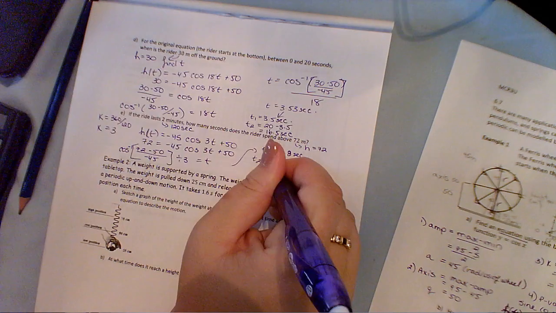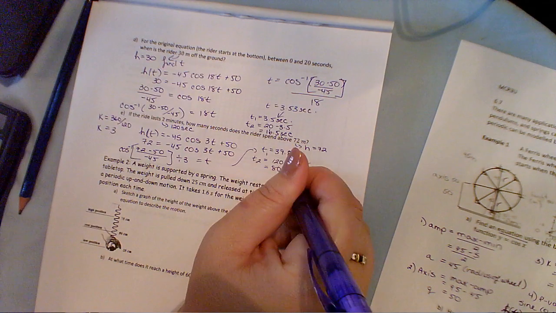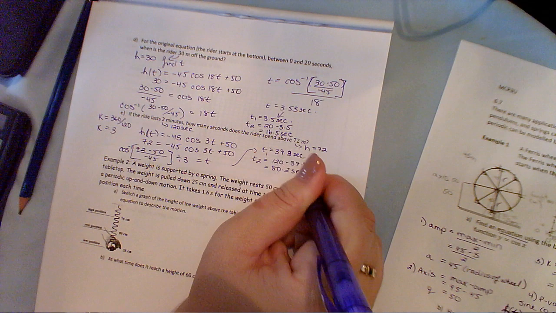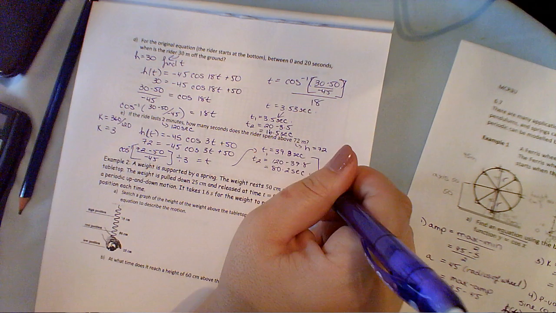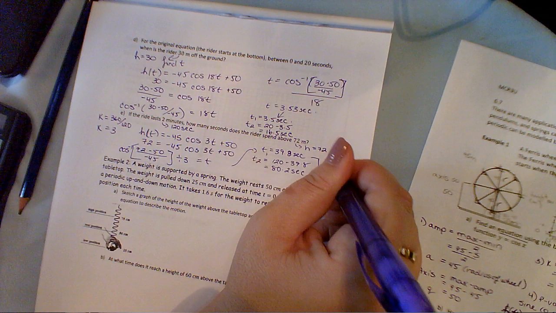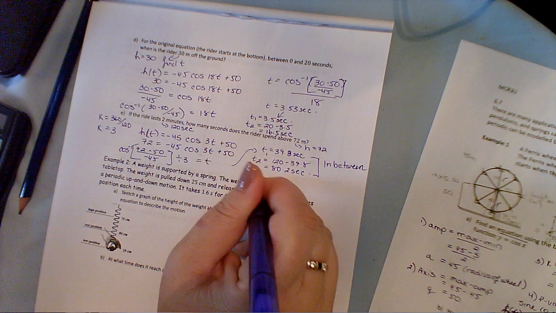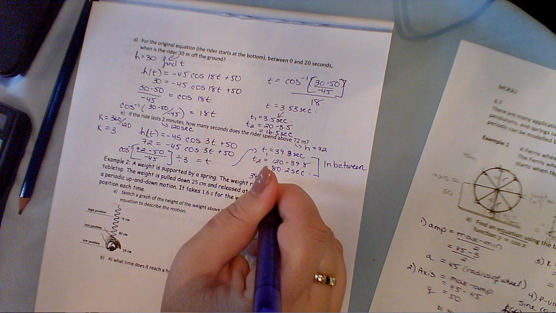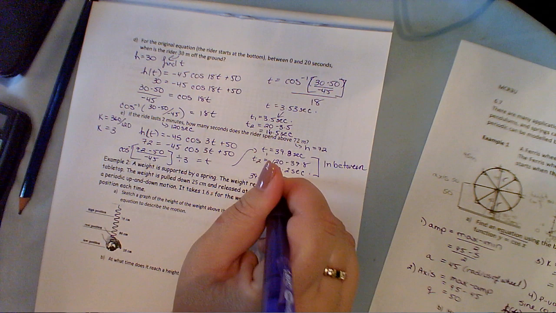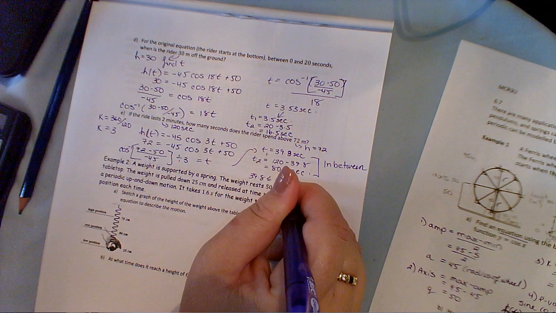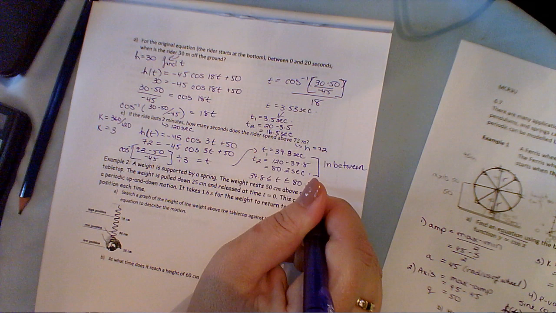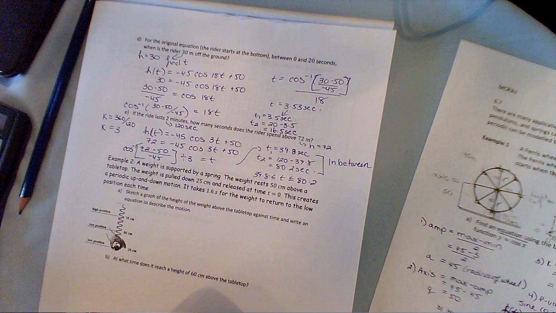So it's the same thinking as before. So in between these two times, 39.8 less than or equal to t, well, it says above, so equal to or above, 80.2. In between those two times, you are higher than 72 meters.